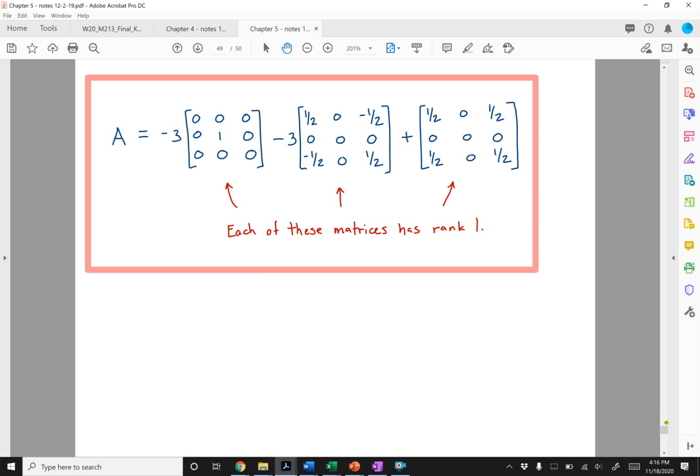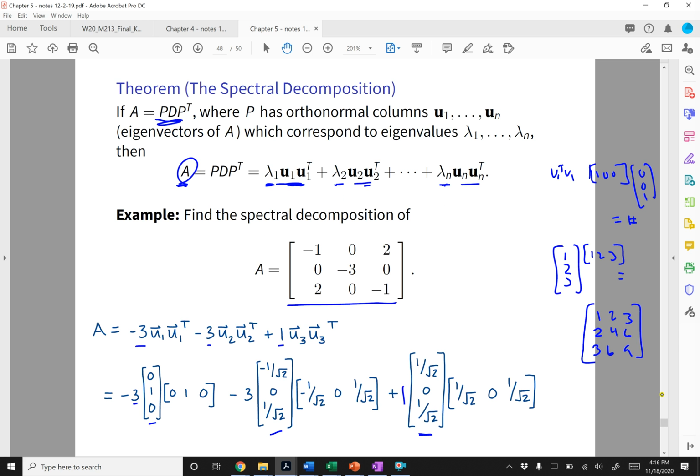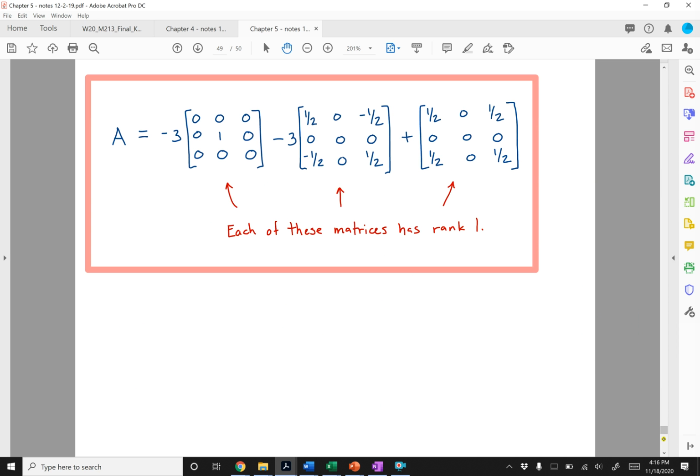And if you take those products of the vectors, this outer product thing, then you get these matrices here, and A will equal those matrices. And this decomposition can help a lot to make sense of what's going on with A. So sometimes this is quite powerful, breaking it down to the sums or differences of these scaled matrices.